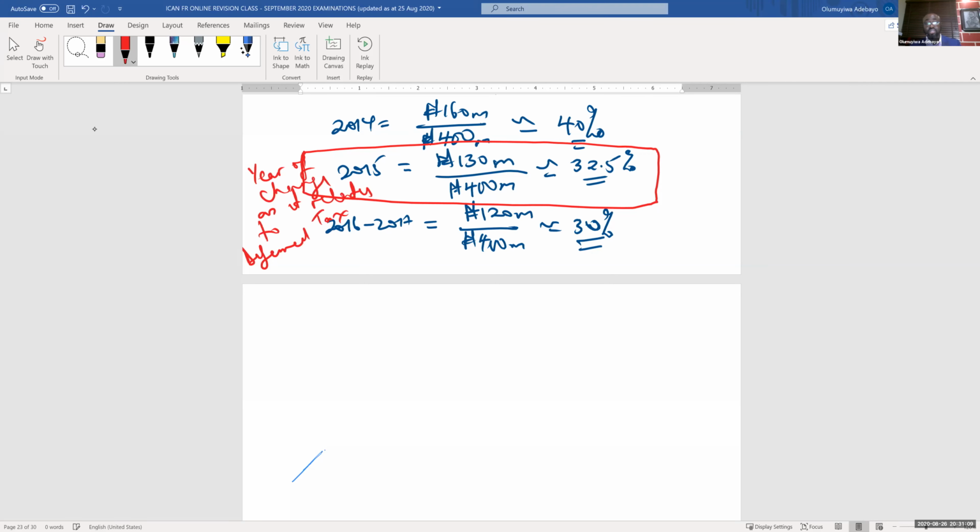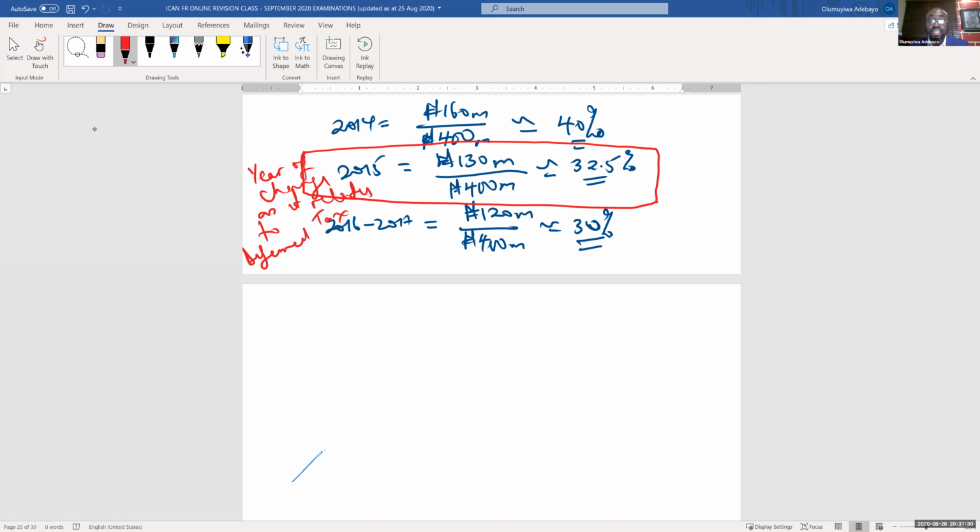As it relates to what? Deferred tax. Now, you could see that 30% is more or less equal to 30% from 2016 henceforth, while 40% is equal to our rates up to 2014 when it was 40%.